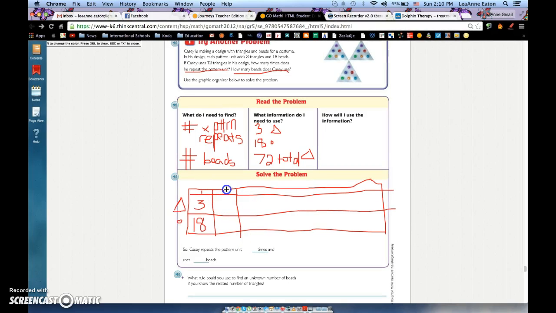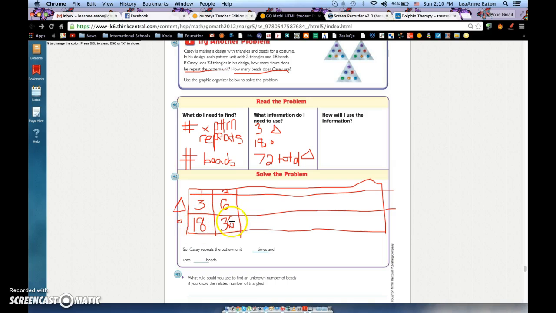So in unit 2, to get from unit to triangles, we look at the first row and we're multiplying by 3. So 2 times 3 is 6. And then to get from triangles to beads, we're multiplying by 6. 3 times 6 is 18, so 6 times 6 is 36. We can check to make sure our math makes sense. Is 3 plus 3 6? Yes.